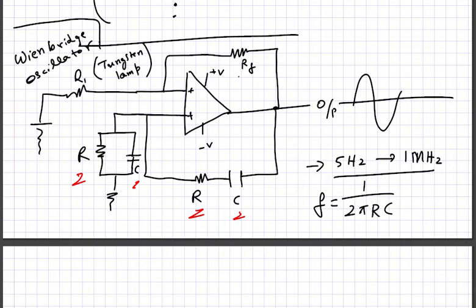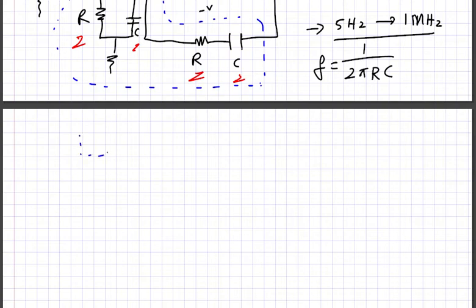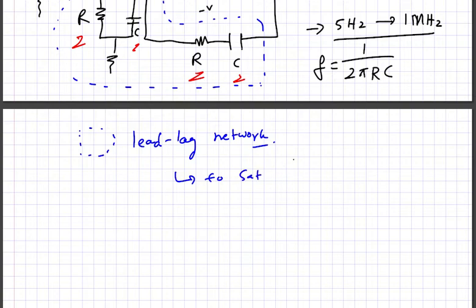And this bit consisting of the resistor and capacitor is known as the lead lag network. That is basically to satisfy the Barkhausen criterion.